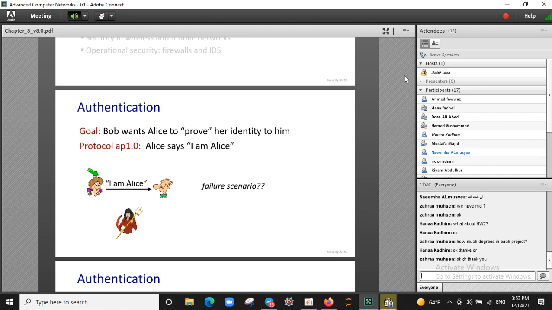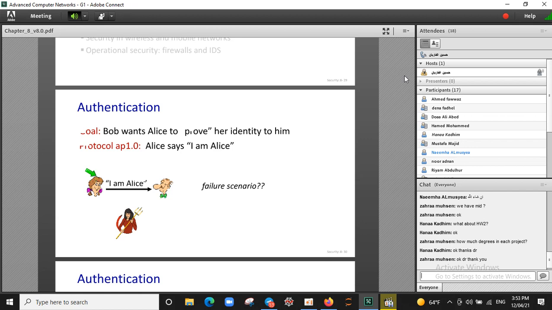Okay? So, when we talk about authentication, we are looking for a proving mechanism to prove the identity of the other side. In the simplest form, I'm just asking, who are you?